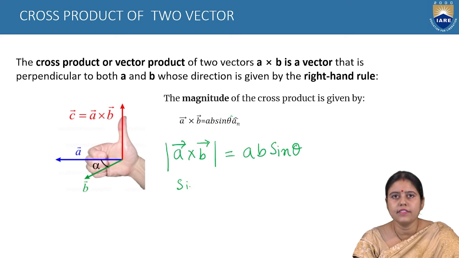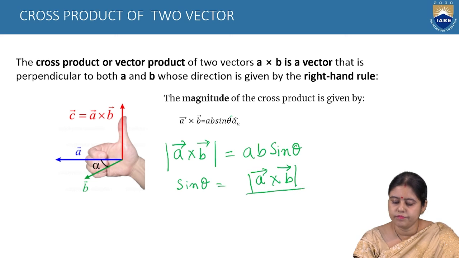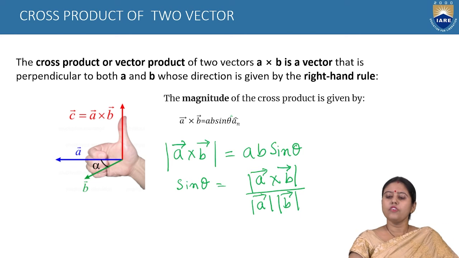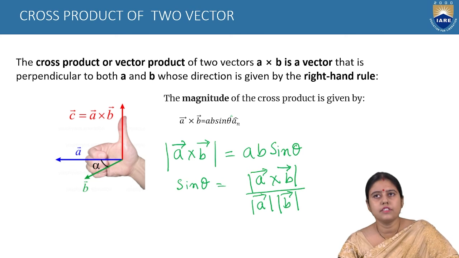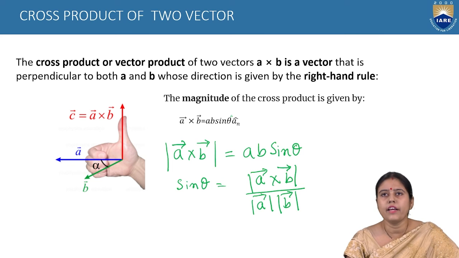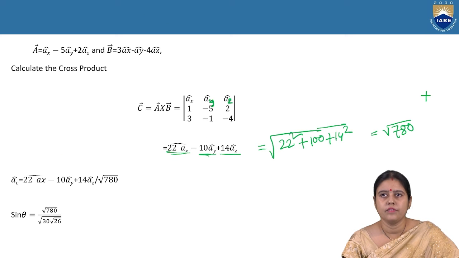So what is sine theta? Sine theta means magnitude of A cross B divided by mod of A into mod of B. In the case of sine theta, we are discarding the direction.